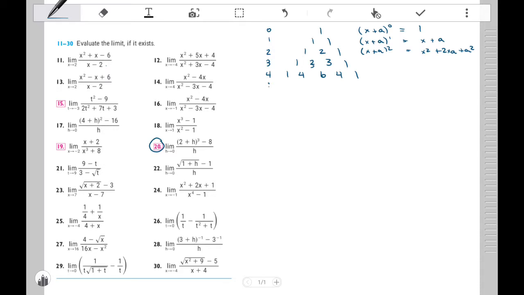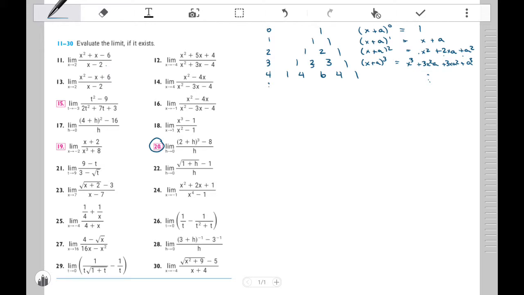These numbers in Pascal's triangle give the coefficients in front of these terms. It's sort of a pattern that we can follow to take a shortcut. For this cubic one, we have x cubed plus 3x squared a plus 3xa squared plus a cubed. And we could keep going following that pattern all the way down.